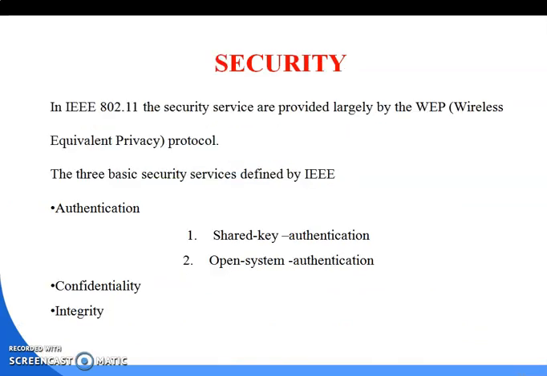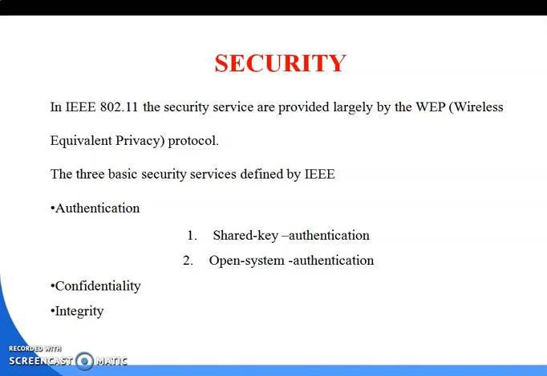And now the security regarding IEEE 802.11. The security services are provided largely by the WEP, or Wired Equivalent Privacy protocol, and there are three basic security services defined by IEEE. The first one is authentication. In authentication, there are two types: shared key authentication and open system authentication.